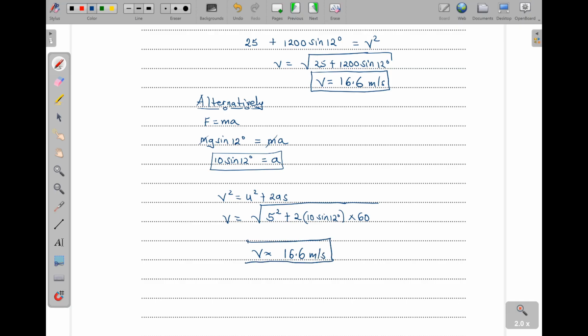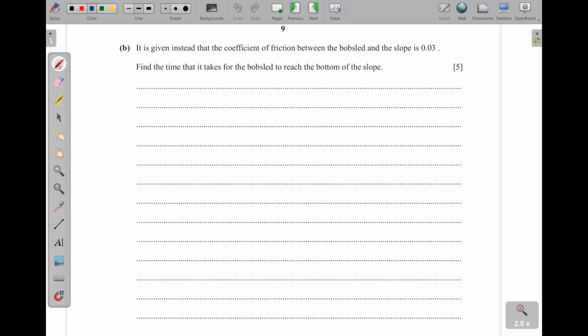As simple as that. Part B: it is given instead that the coefficient of friction between the bobsled and the slope is 0.03. Find the time that it takes for the bobsled to reach the bottom of the slope. Now this means that there is frictional force, so the plane is rough.